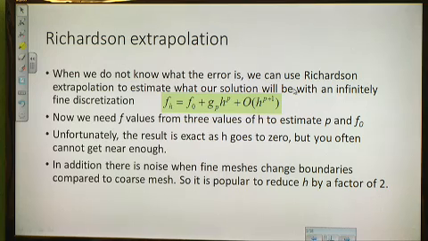And the error is like before, g_p times h to the p plus higher-order terms. If we assume that our h is small enough to neglect the last term, then if we do it for 3 meshes, we'll get f_h1, f_h2, f_h3, and we'll be able to solve for f_0, g_p, and p.